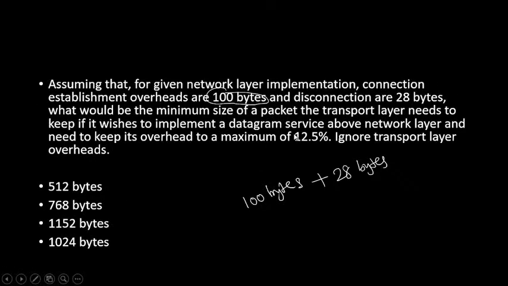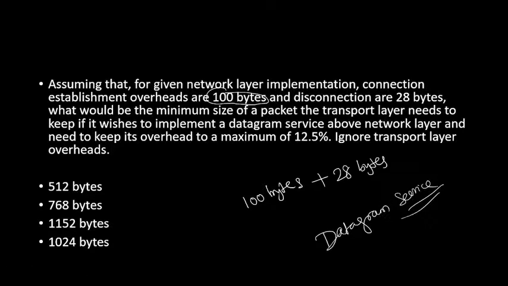The question is what would be the minimum size of a packet the transport layer needs if it wishes to implement the datagram service over the network layer, keeping its overhead to a maximum of 12.5 percentage.